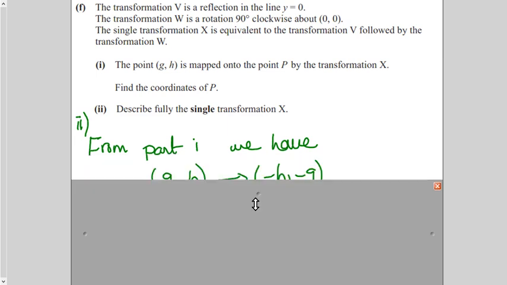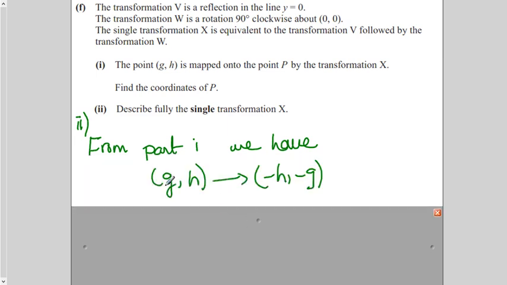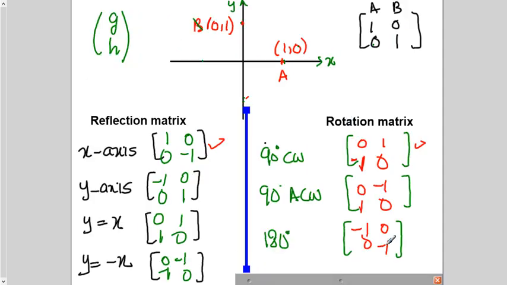Now, from part 1, we have seen that GH becomes -H, -G. And here you should know that whenever you reflect in the line y equals to -x, your point becomes negative. We have just seen here, if you remember. Sorry, here, right? Both become negative.